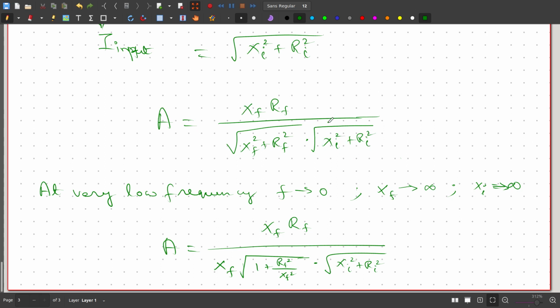That's why I'm taking this XF outside, so that we can remove this XF in the numerator.